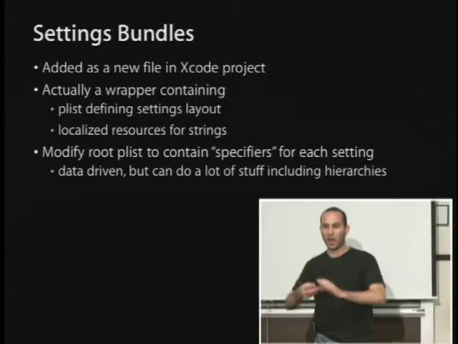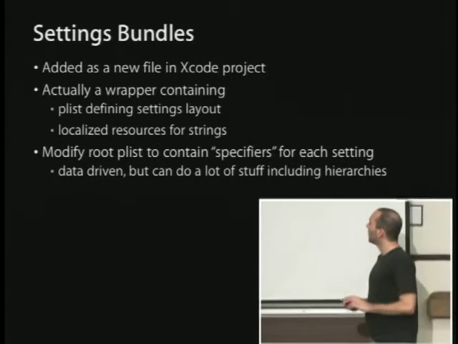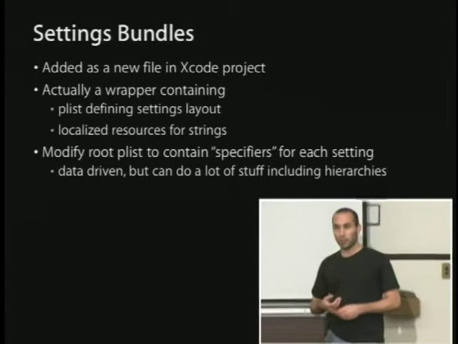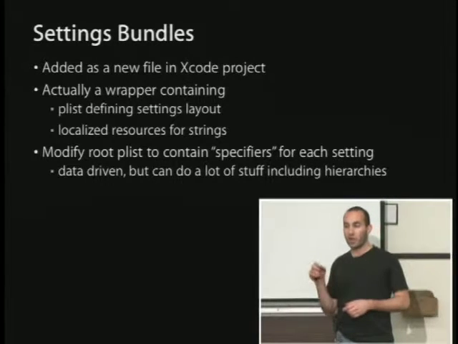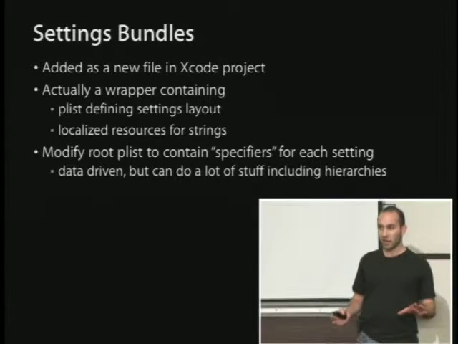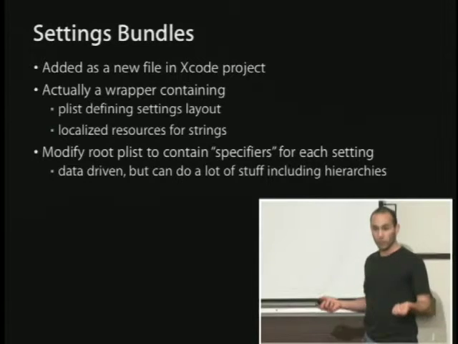When they choose one, it steps back. That's a multi-value type. And you do this all by modifying your plist. By modifying this plist and giving it identifiers for each of these items, you have a codeless way of getting settings from your users through the settings app.